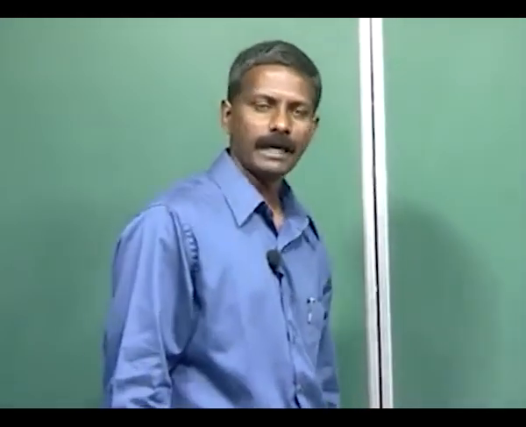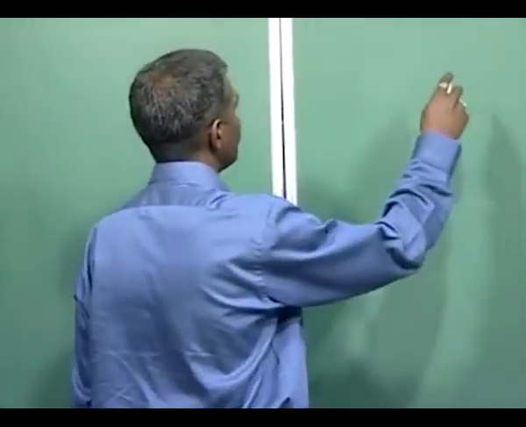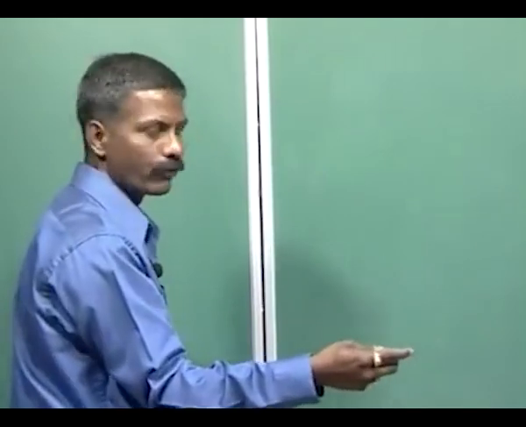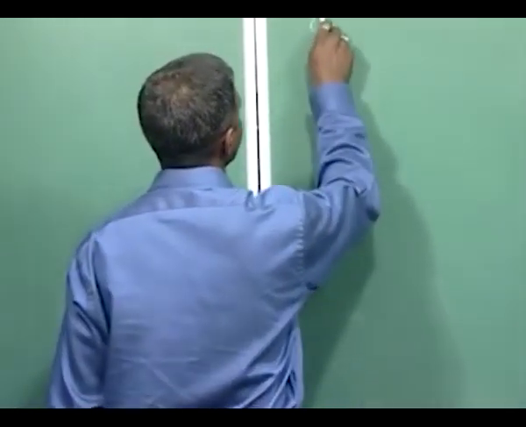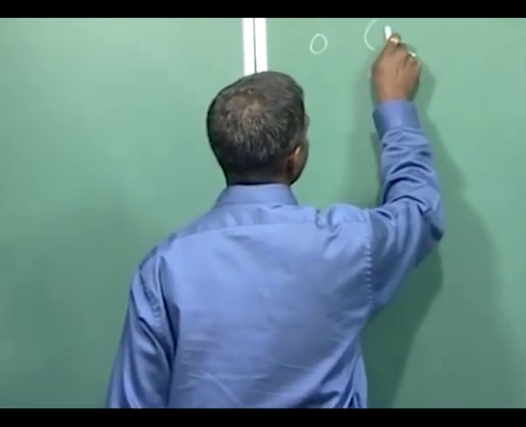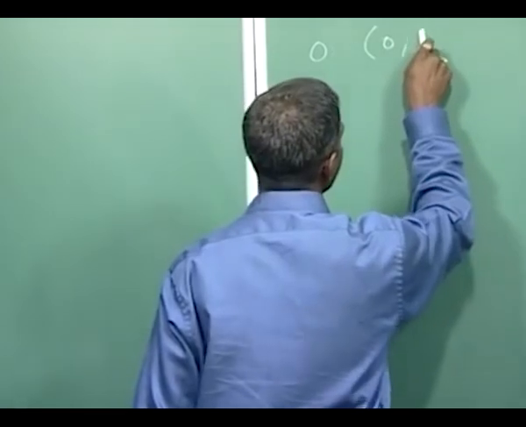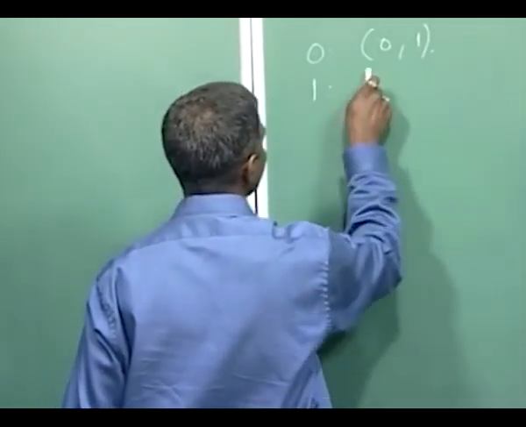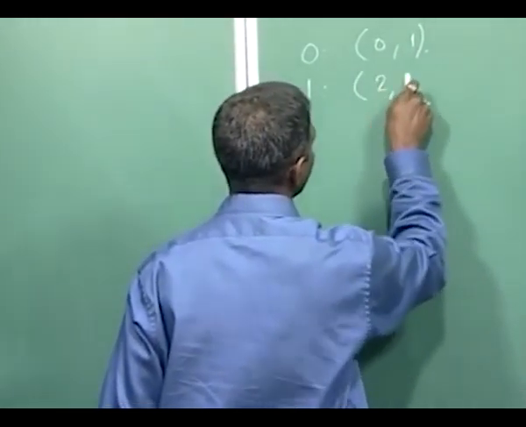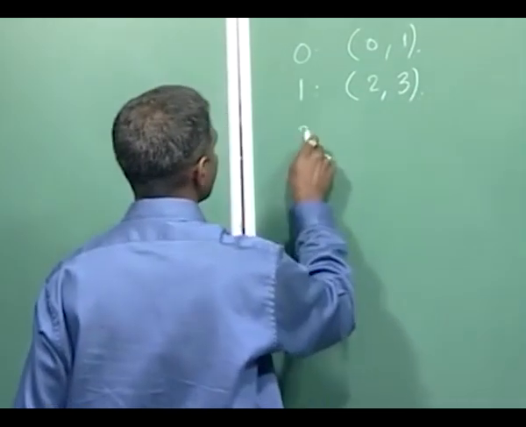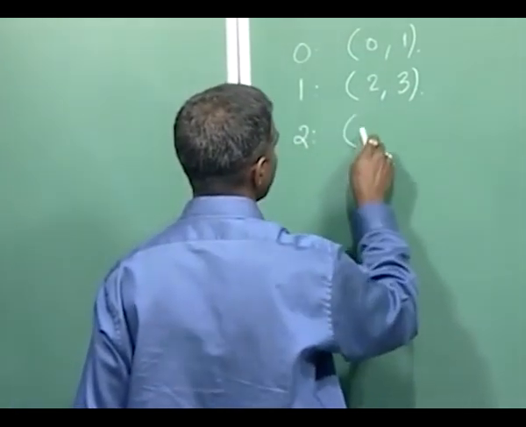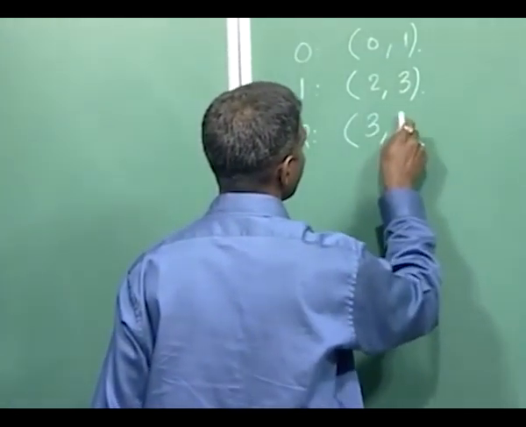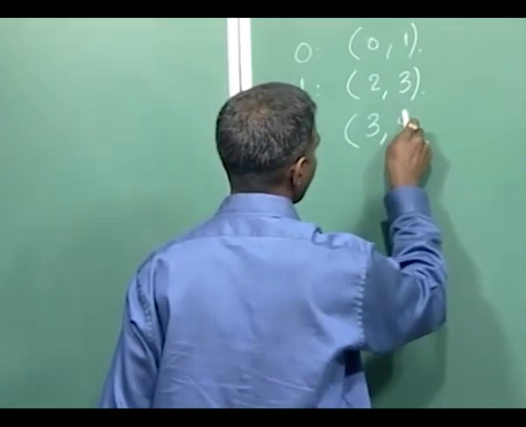Let me make up an example. So say I'm going to use 4 data points. 0 data point is, let's say, 0, 1. The first data point is, let's say, 2, 3. The second data point is, let's say, 3, 5.